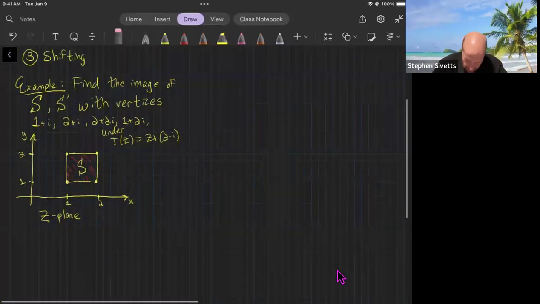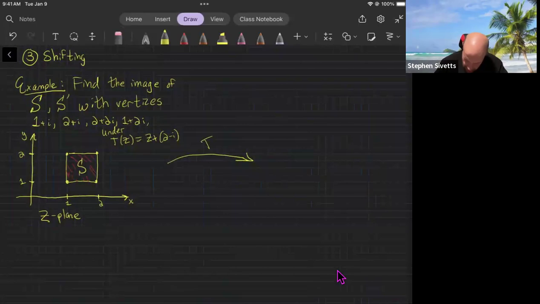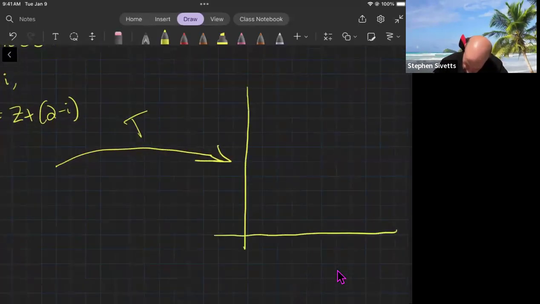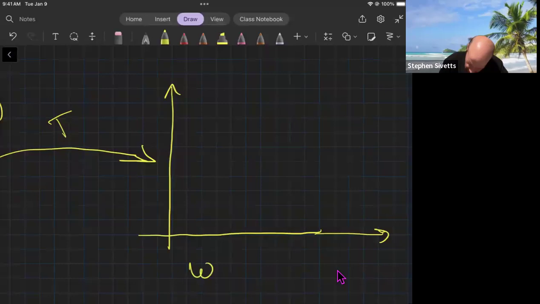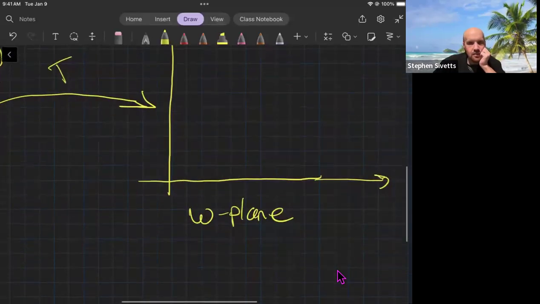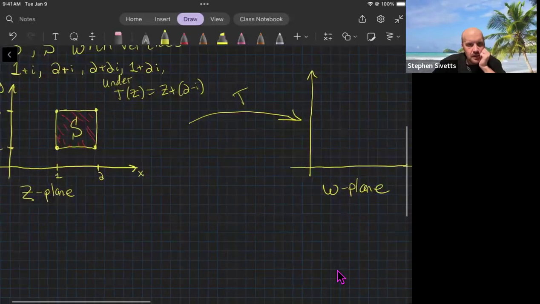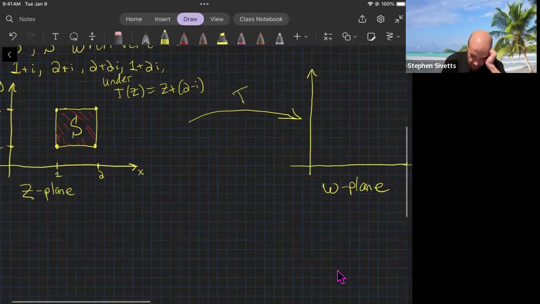So if I incorporate the transformation T over the w-plane, let's see what happens. Here is the w-plane. And then we're just going to look at what happens to these points one by one.